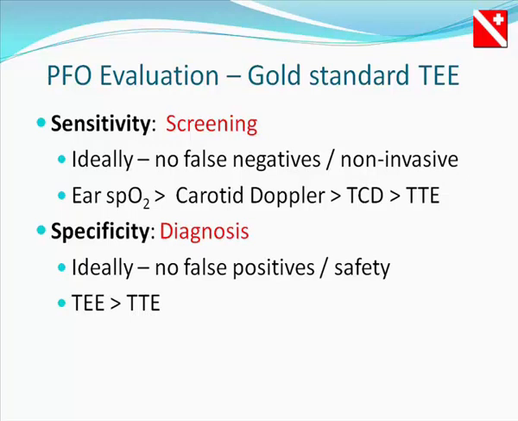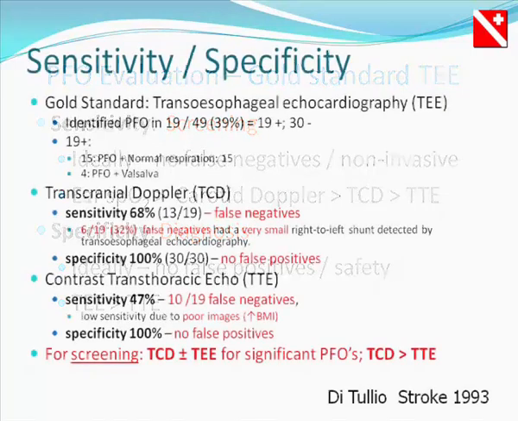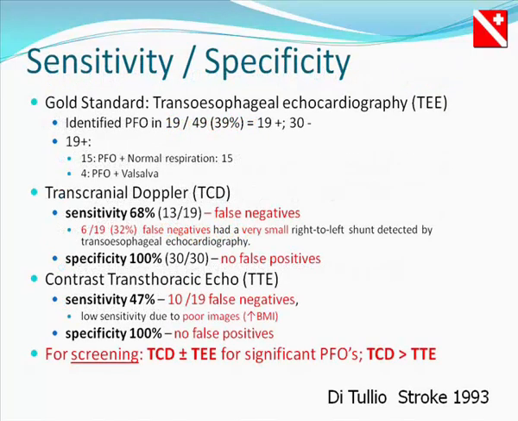Okay, so let's walk you down the path of how we've reached the milestones in navigating this tricky area. This is a study by DiTullio in '93. And he had 49 individuals, of which 19 had a PFO and 30 did not. Out of the 19 that had, 15 had a rest shunt and 4 had Valsalva positive PFOs.